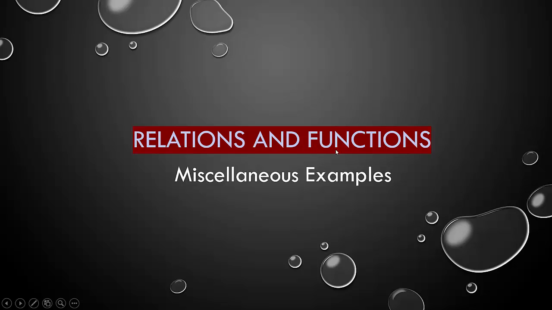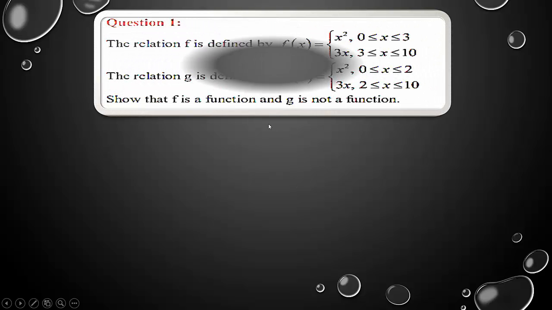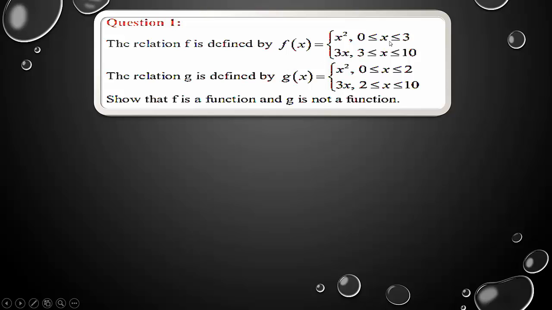We were solving the problems on relations and functions from miscellaneous examples. In the previous class we solved a problem where the relation f is defined by f of x equal to x square whenever x is between 0 to 3, and 3x whenever x is between 3 to 10.